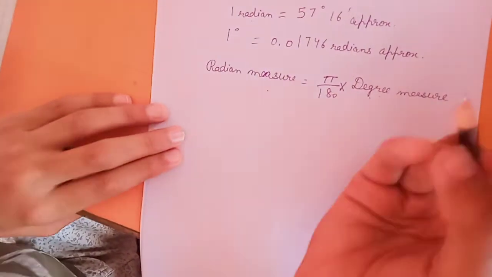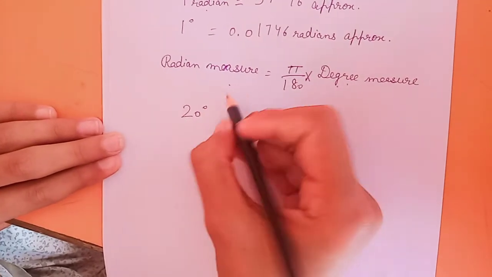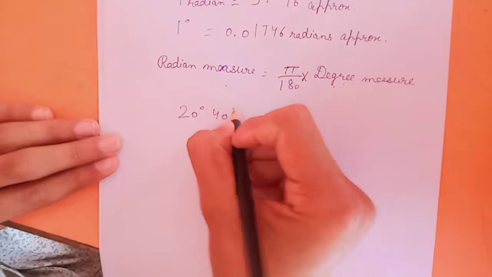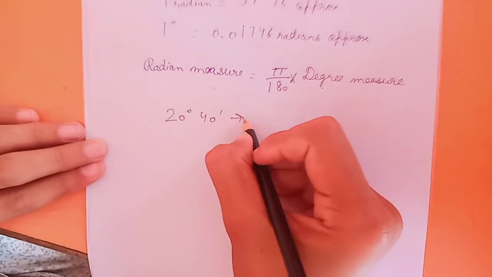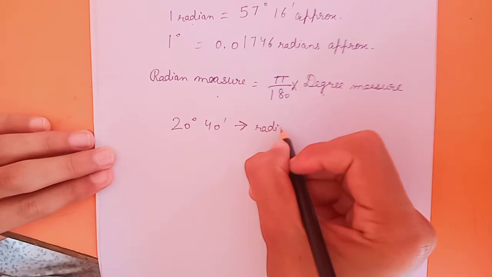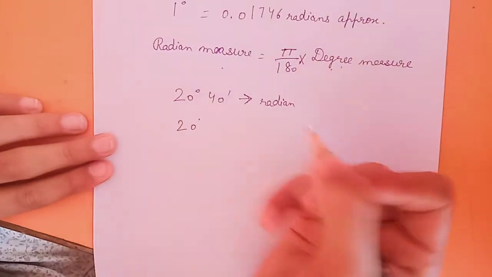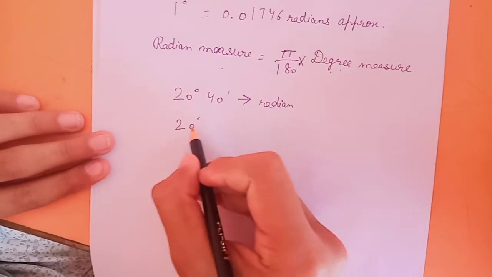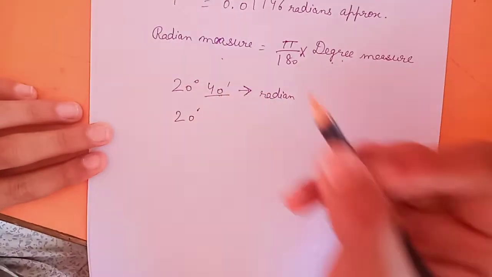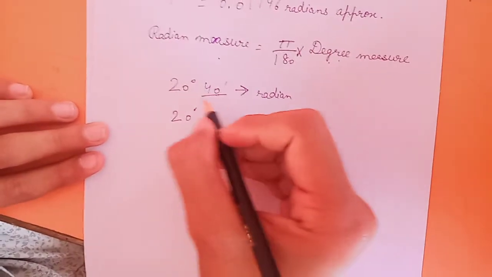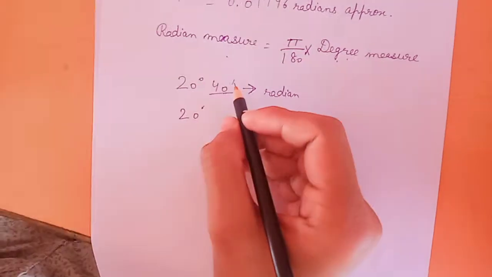Now let us take an example of 20 degrees and 40 minutes. We want to find the radian measure for this. 20 degrees is whole 20. Now 40 minutes, if we want to convert 40 minutes into degrees, what will we do?